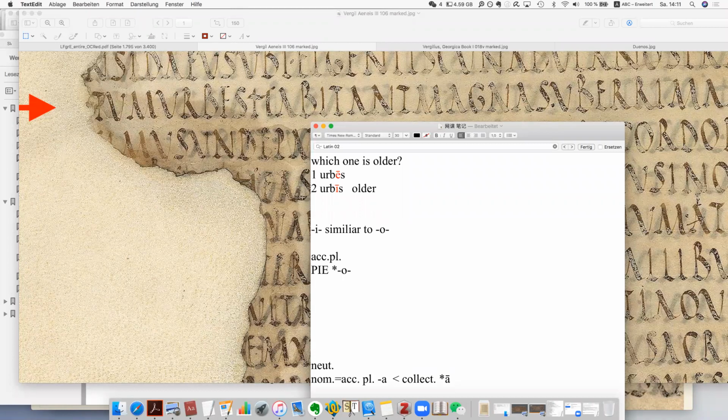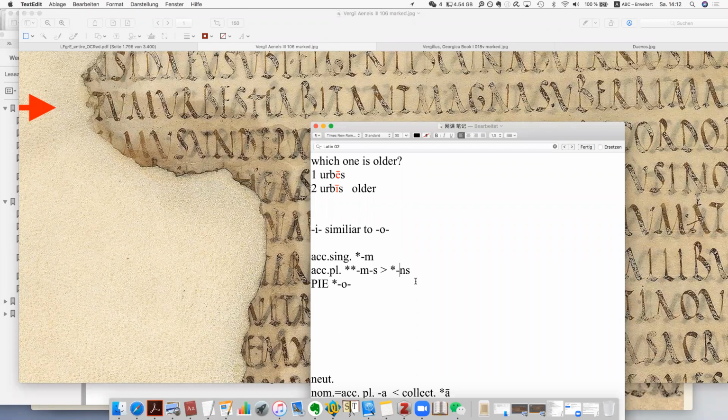we also, oh sorry, wait a minute. So accusative singular is M, right? So this is accusative singular. And the accusative plural actually goes back to M plus S. And M plus S turns already to NS.